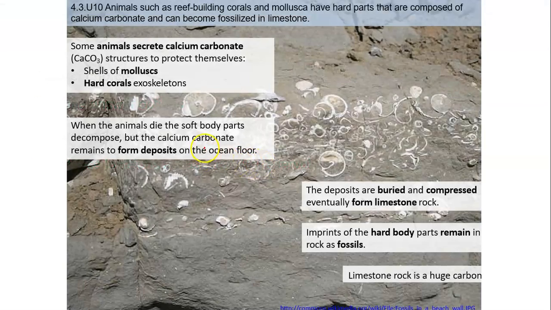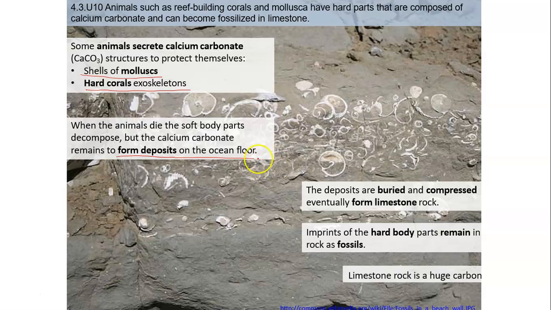The next topic is related to calcium carbonate. Some animals secrete calcium carbonate structures to protect themselves, for example, shells of mollusks or hard coral exoskeletons. When the animals die, the soft body parts decompose, but the calcium carbonate remains to form deposits on the ocean floor.